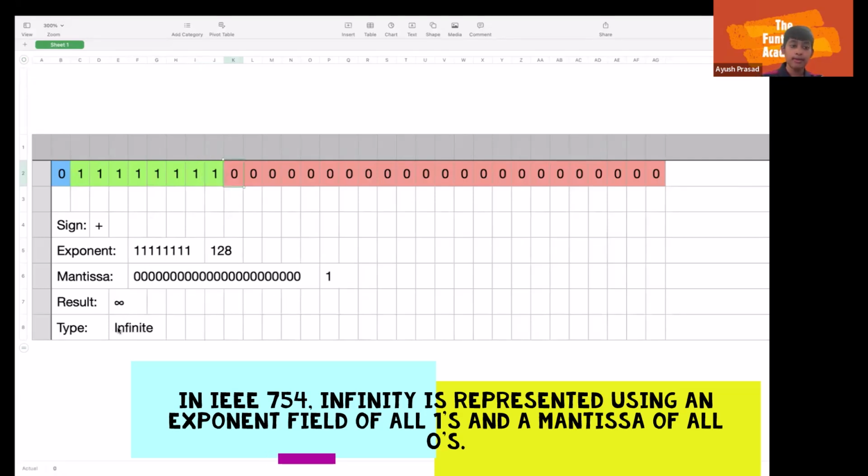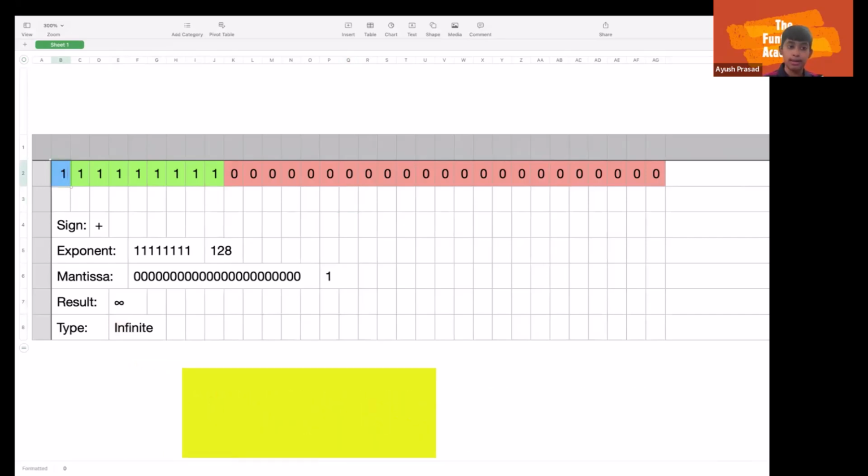You can see here that we have an infinite type number. Result, infinity sign. Now, I can simply adjust the sign bit to get a value of negative infinity. Neat.